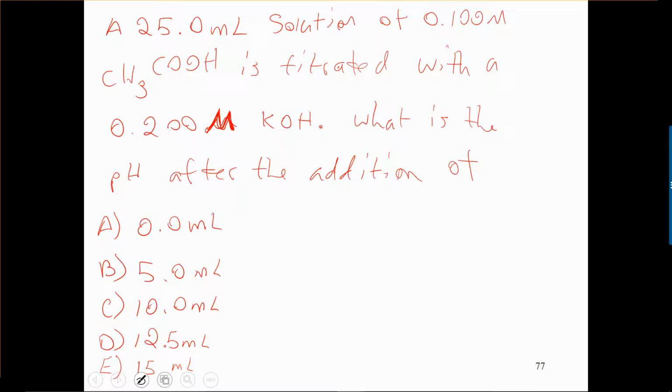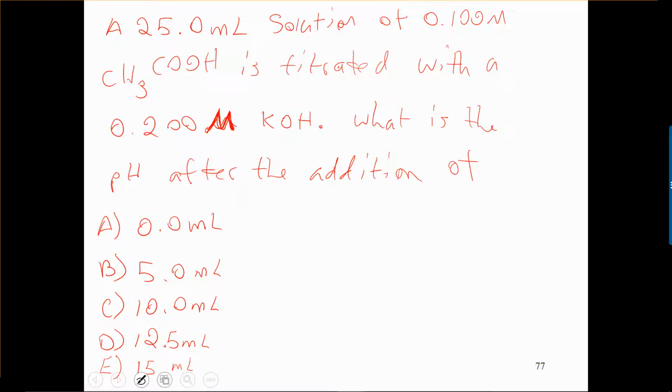Okay, so I have a 0.1 molar acetic acid solution, and I'm titrating it with a 0.2 molar potassium hydroxide. What is the pH after the addition of these amounts?